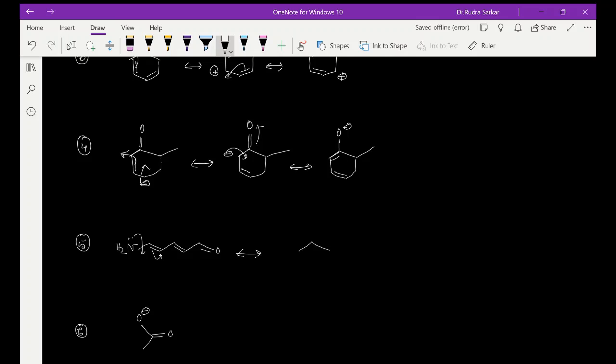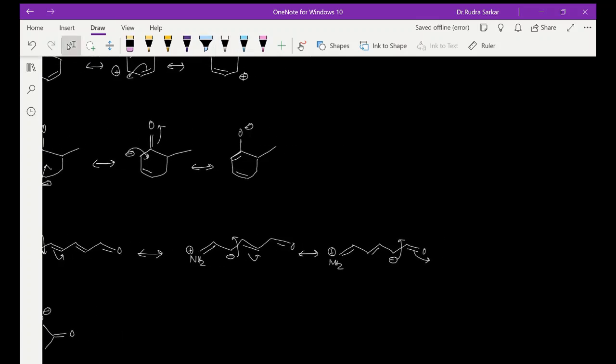So out here, this is the negative charge, which will again move towards the pi bond. So it means we will get the following resonating structures, which again moves in to give you the fourth resonating form.